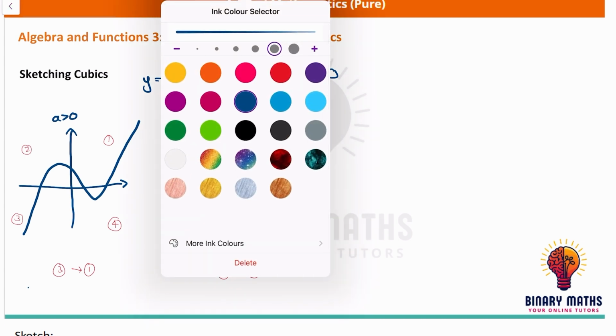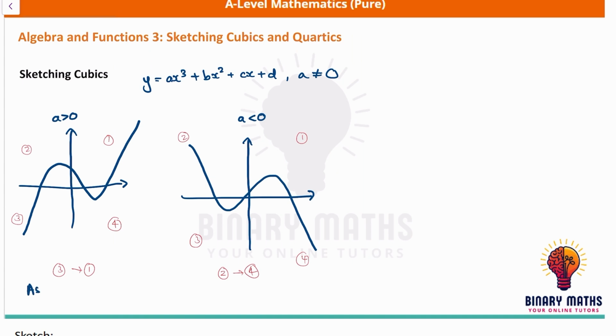The other things to note is in the first category, as x tends to negative infinity, so as x gets closer and closer to negative infinity, y is also going to negative infinity. And as x gets closer and closer to positive infinity, so as x is getting bigger and bigger, y is also getting closer and closer to positive infinity.